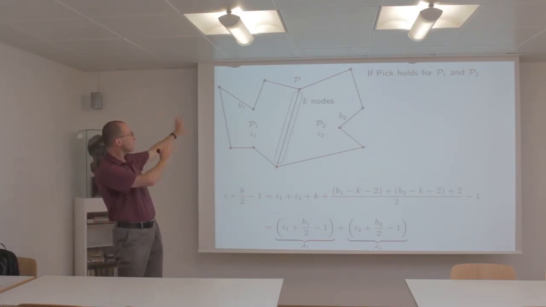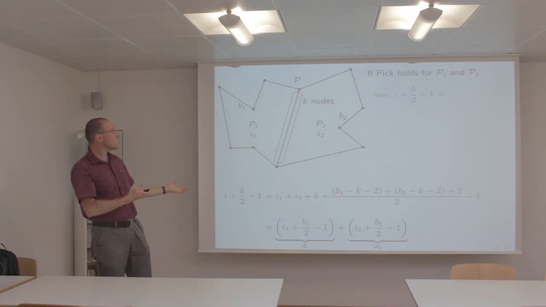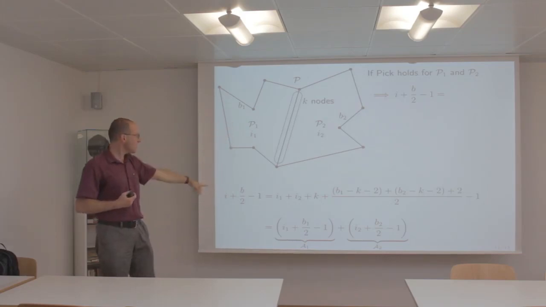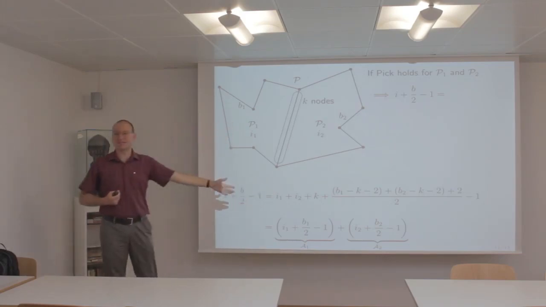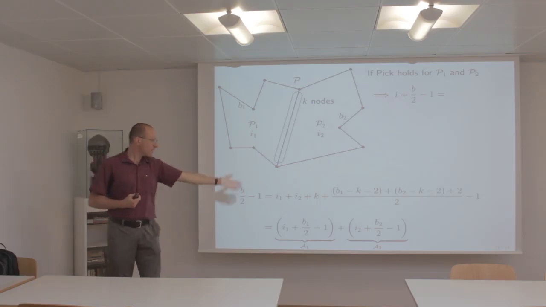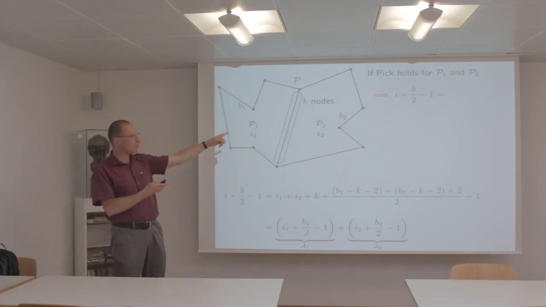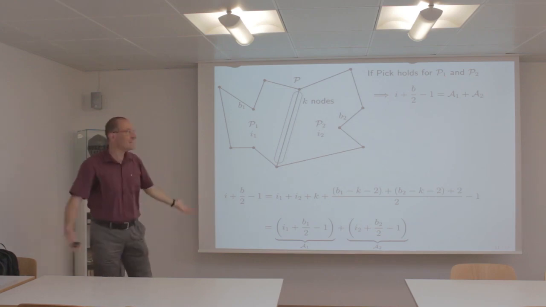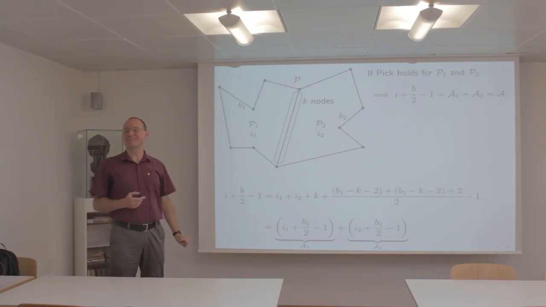So if Pick holds for P1 and P2, look at the quantity for the big polygon, I plus b over 2 minus 1. That quantity is the sum of the two brackets. But the two brackets are the two areas, therefore it's equal to A1 plus A2. And A1 plus A2 undoubtedly is equal to the total area.